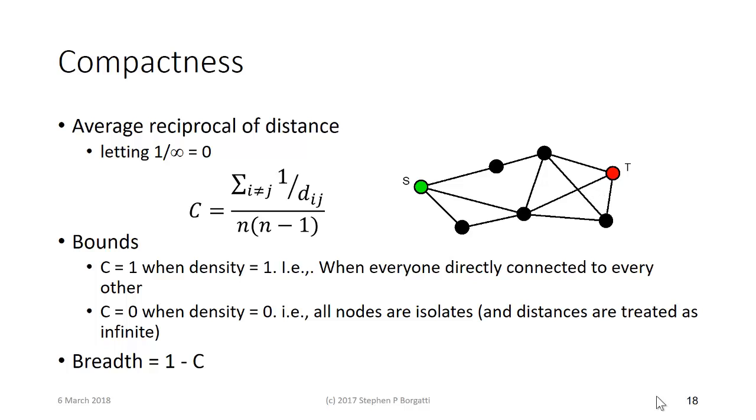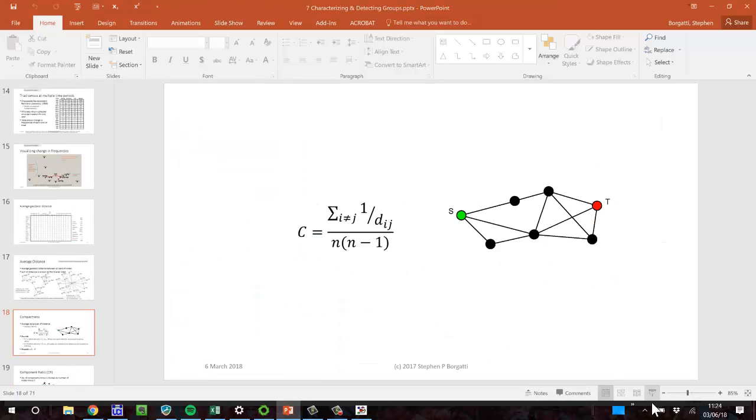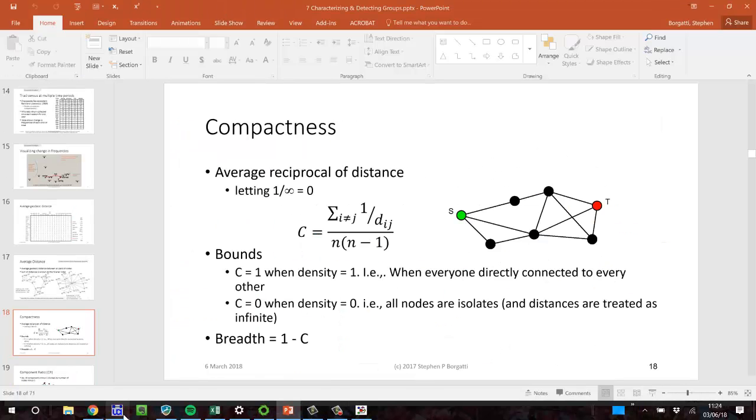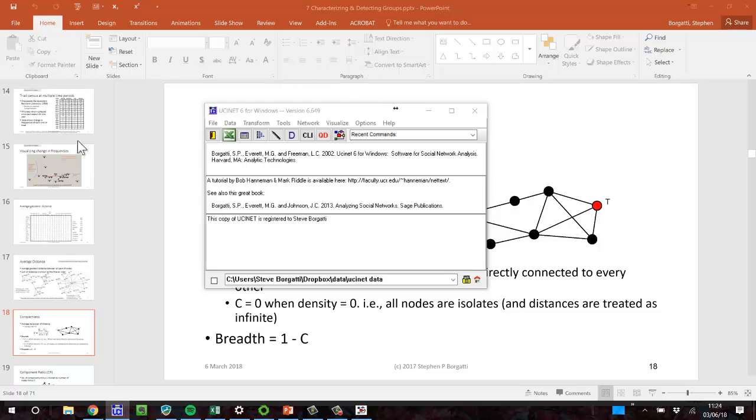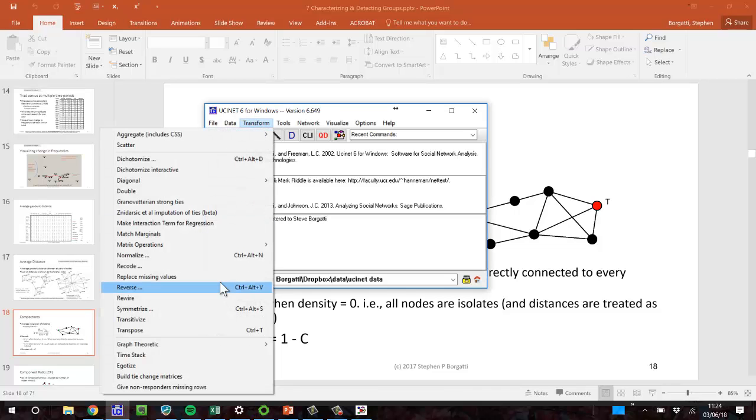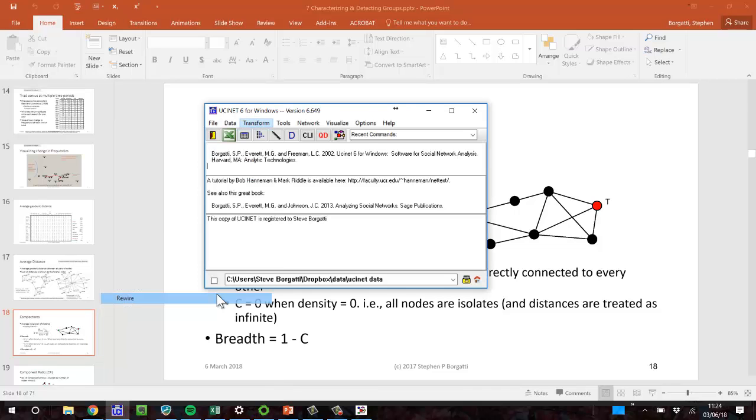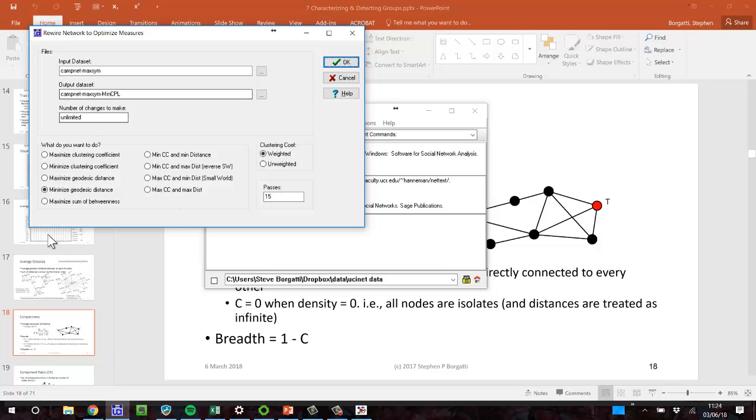Oh, yeah. That reminds me. You don't have to follow along, but I just wanted to show you one other thing in that rewiring thing. So if I take CampNet again, and I go to transform, and I rewire, but this time I tell it that I want to maximize distance, really long paths. And I run it.